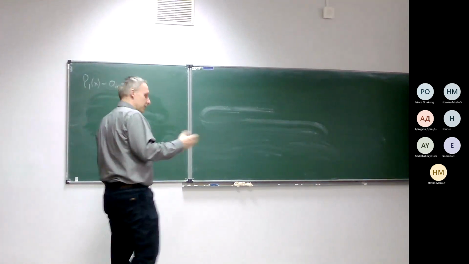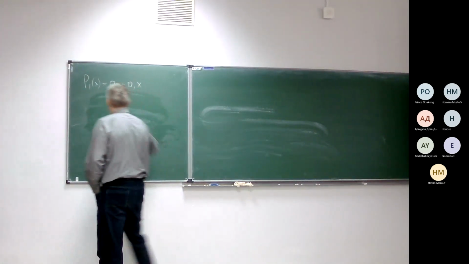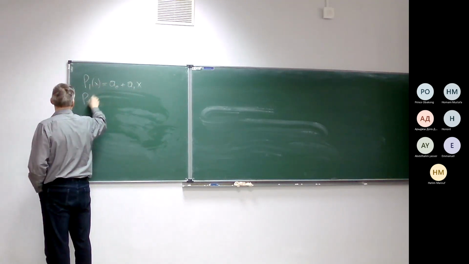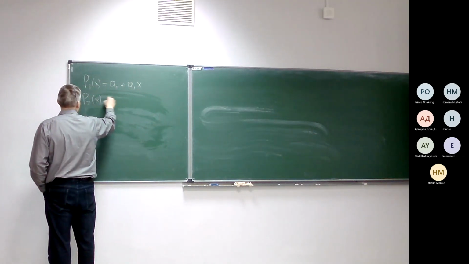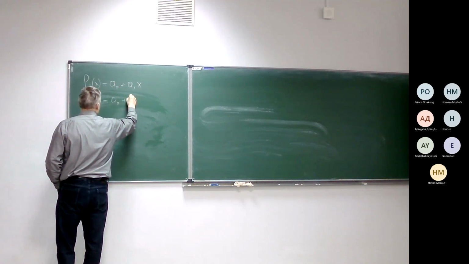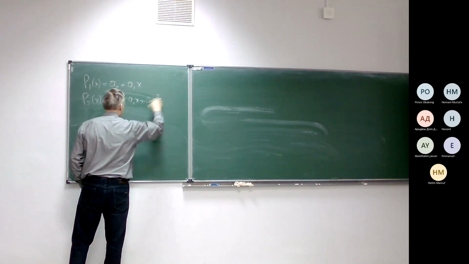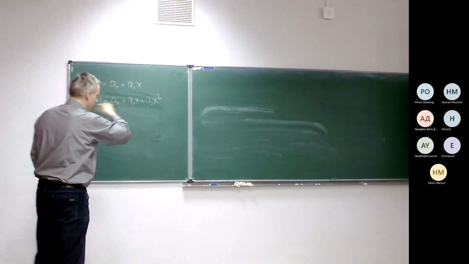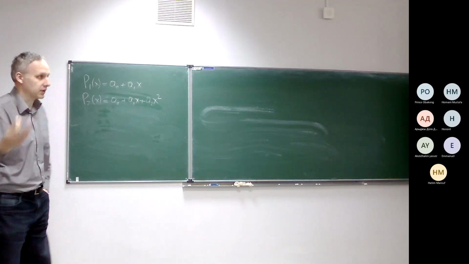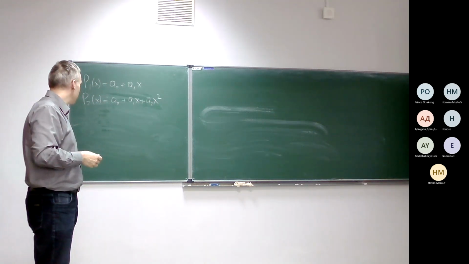How to write polynomial of the second degree? In general, P2 equals to A0 plus A1x plus A2x squared. This is a polynomial of the second degree.